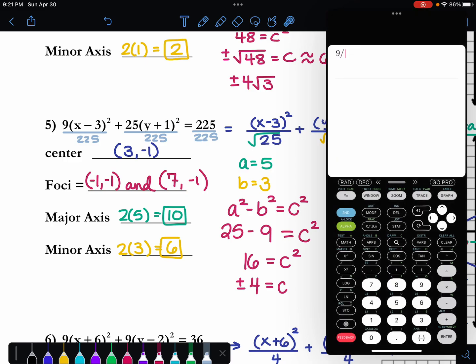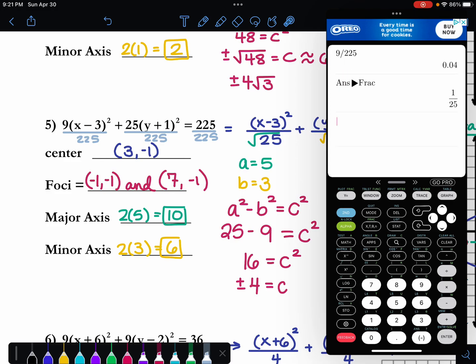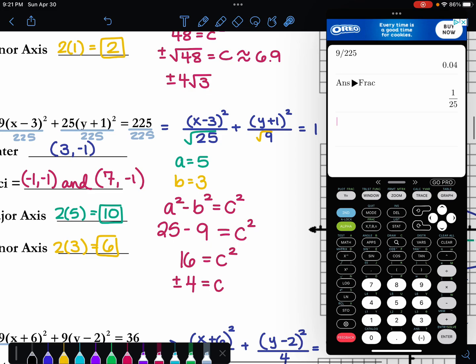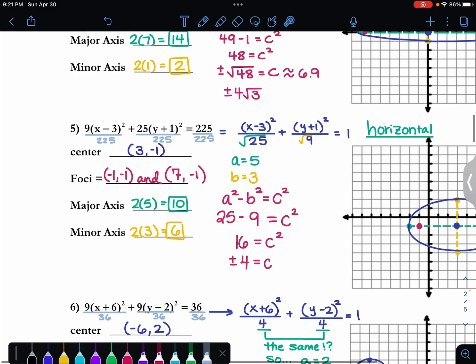If we do 9 divided by 225, you can hit math, enter, and turn it into a fraction. That's how we get the 1 over 25 here. And then if we do 25 divided by 225 and turn it back into a fraction, that's how we get 1 over 9. So to turn our equations into standard form for an ellipse, we're going to divide every single term by whatever is on the other side of the equal sign.